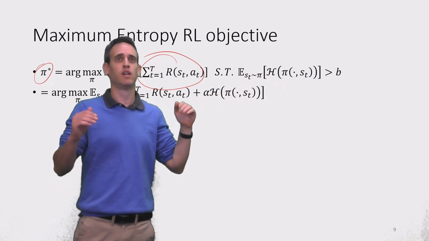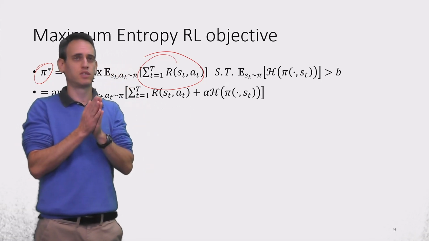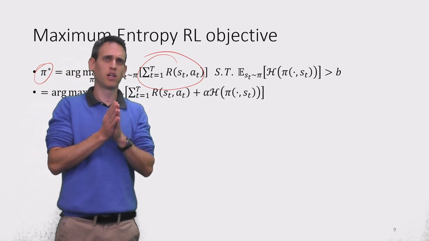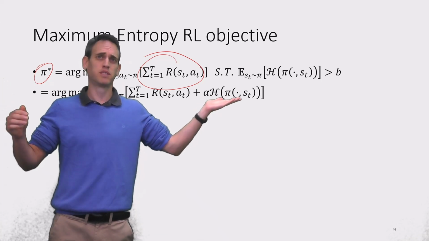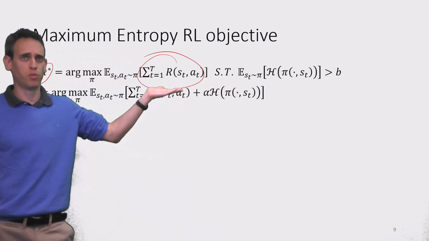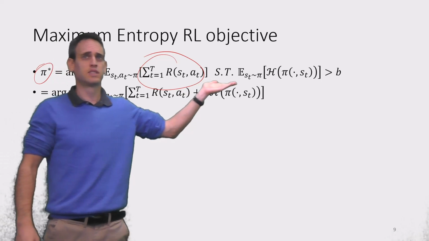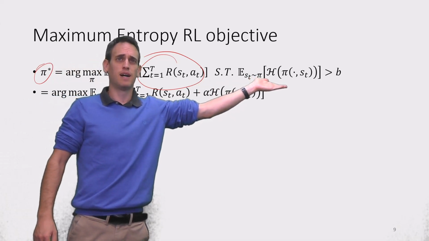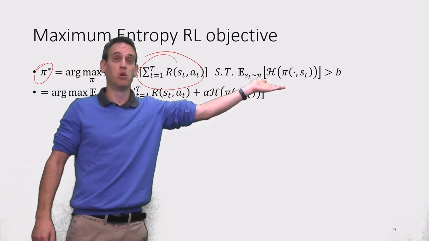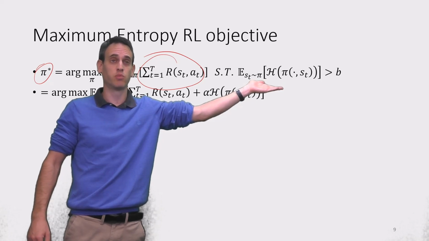We don't want our policy to collapse on a single action, but we would like it to be as random as possible, but still perform well, right? So we'd like to optimize performance subject to the entropy not going below some value. We want to act as random as possible.